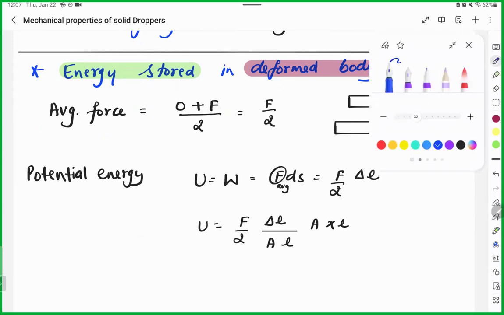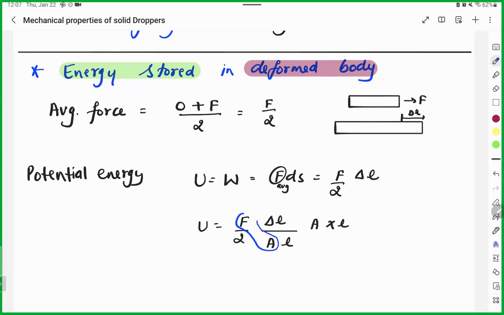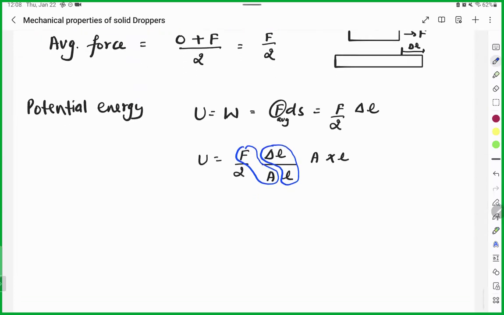Barinder, what will be this force by area? Stress. Yes, sir. Tuhina, what will be delta L by L? It will be strain.